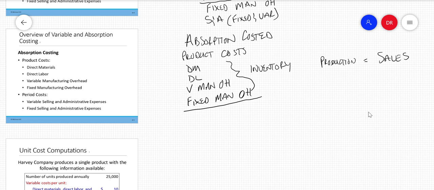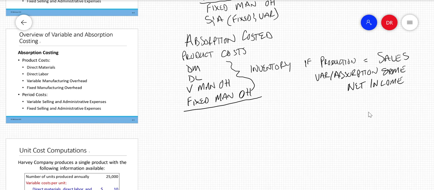So if production equals sales, variable and absorption will give you the same net income. Okay, that's important. This is an important point, and it will be on the exam.